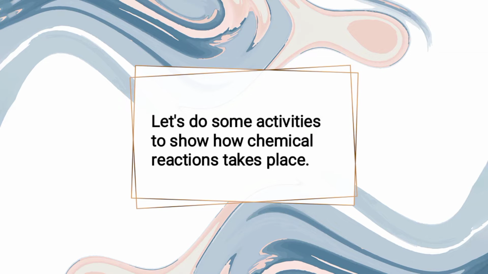What are the chemical changes, or the possible changes, that happen when a chemical reaction takes place? Let us do some activities, that is experiments, to study how this chemical reaction takes place and what changes occur when a chemical reaction takes place.